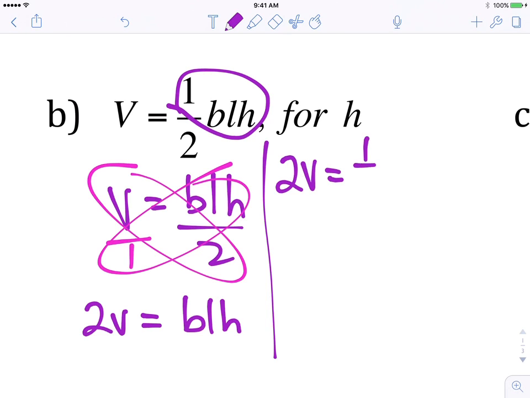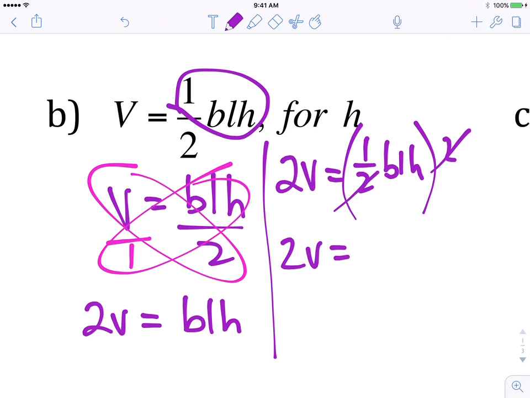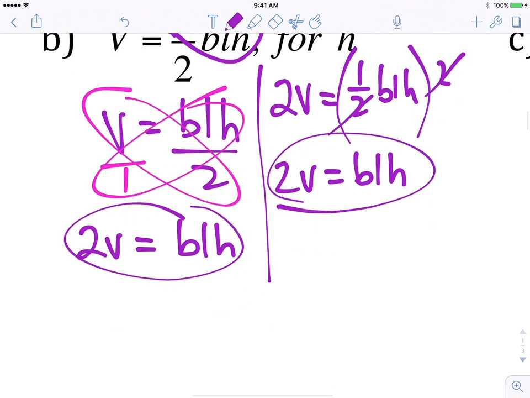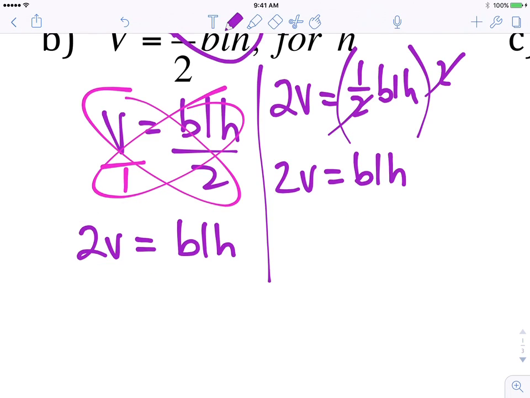If I multiply the right side by 2, I had 1/2 BLH times 2. That eliminated the denominator. So really I had 2V equal BLH, which is the same as the other method. It doesn't really matter which method you choose. They both end up doing the same thing. So pick which one you like and don't worry about it.